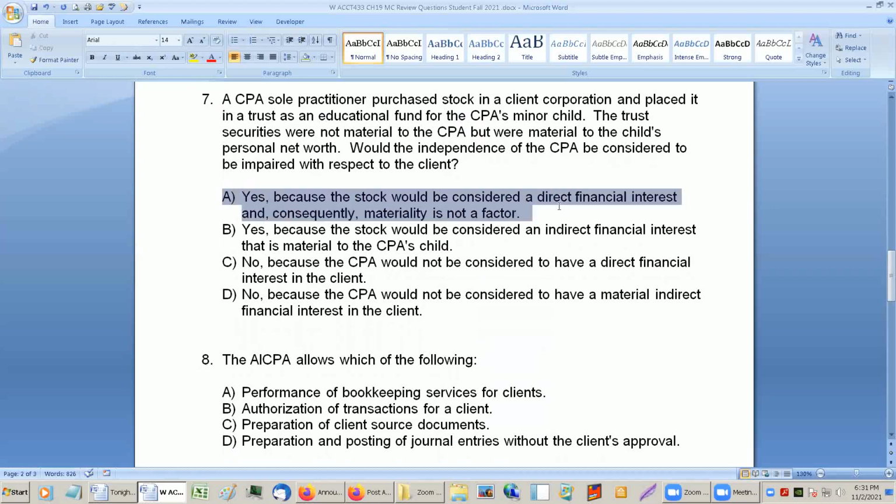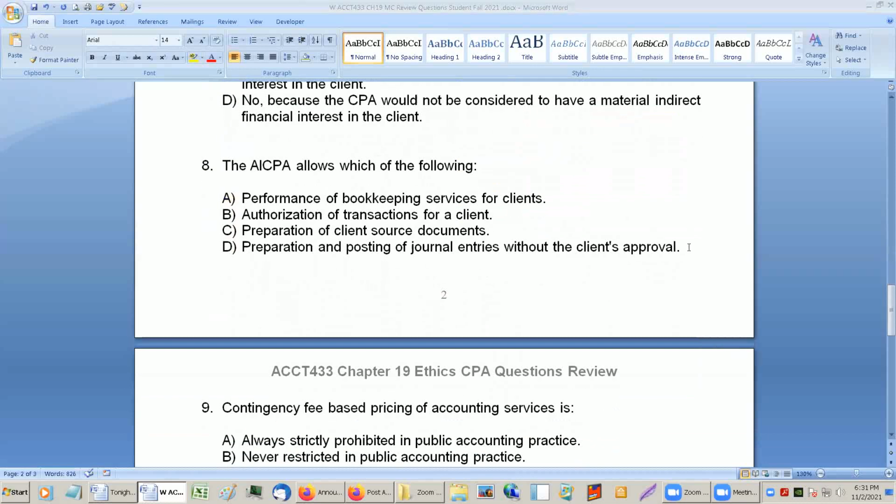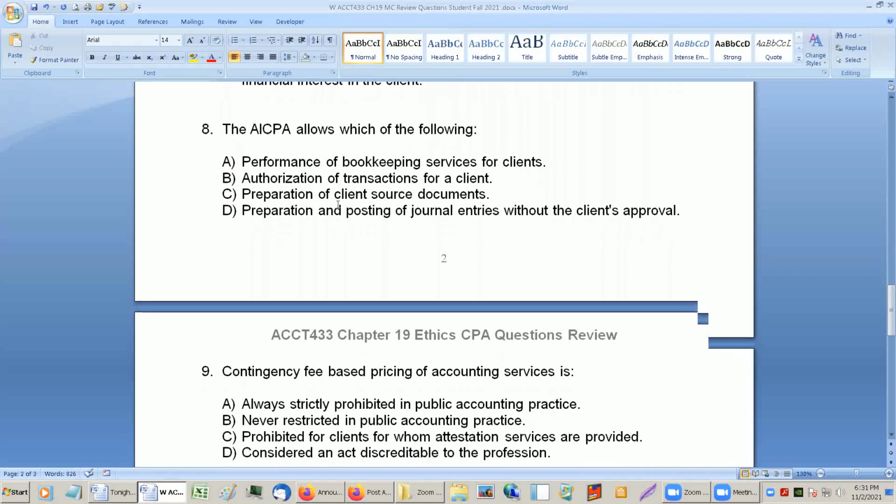Seven is a tricky one, and yeah, you guys got it right. Yay. Eight, yeah, right.